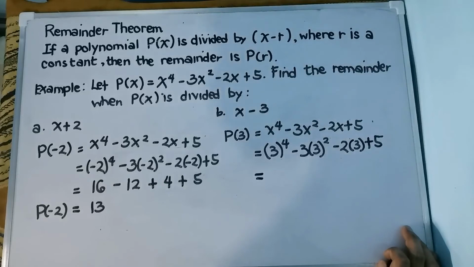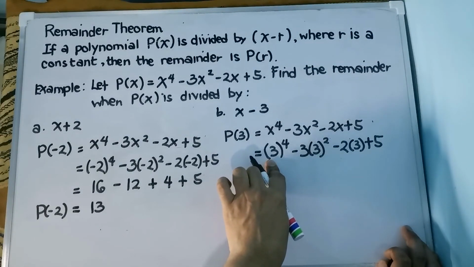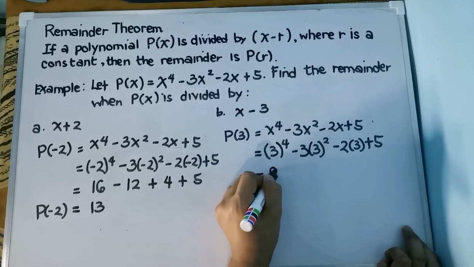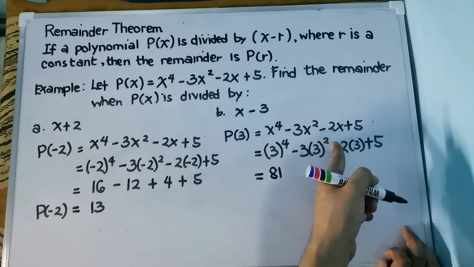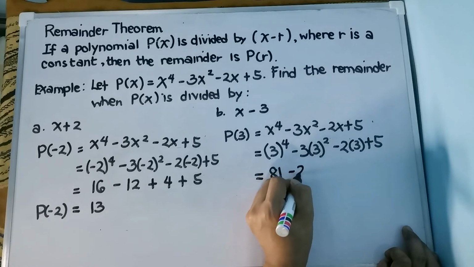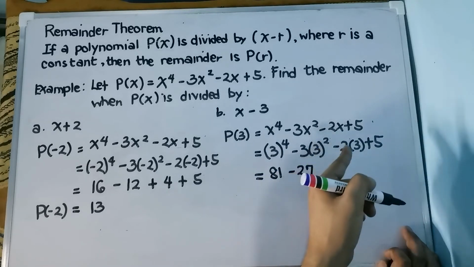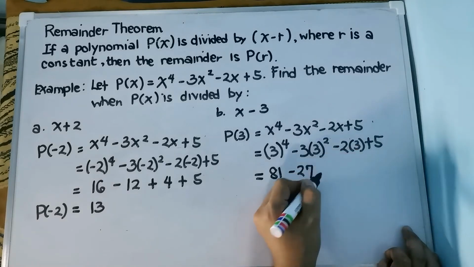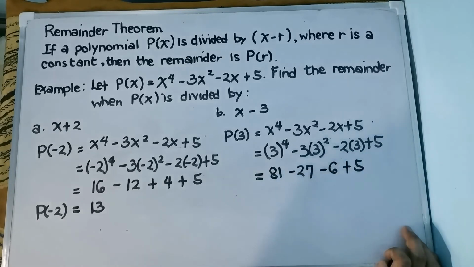Equals 3 to the fourth. So 3 times 3 is 9 times 3 is 27 times 3 is 81. Okay, then 3 squared is 9 times 3 is minus 27. Then, negative 2 times 3 is negative 6, plus 5.